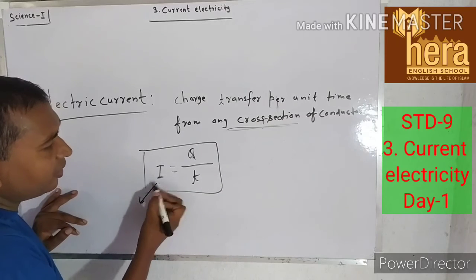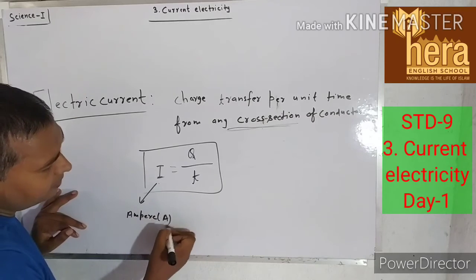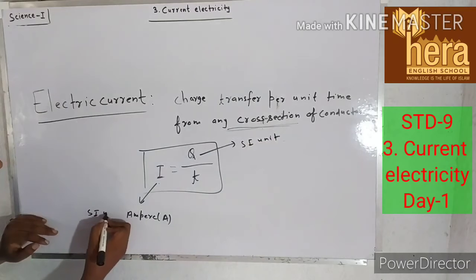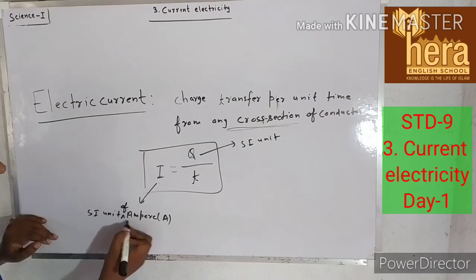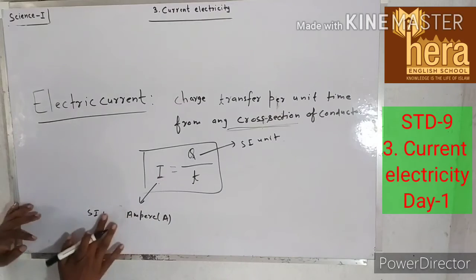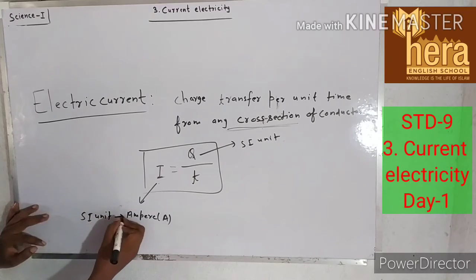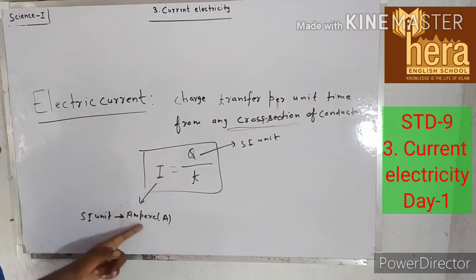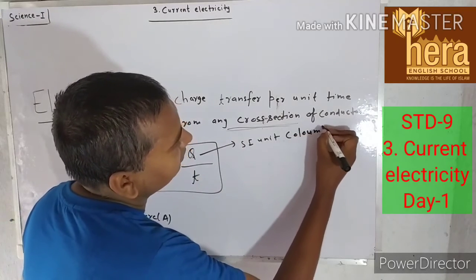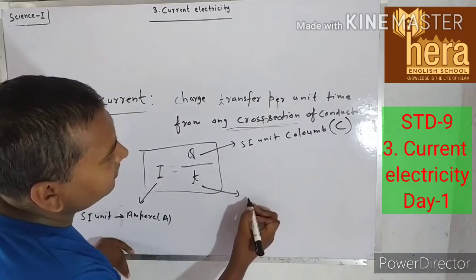The SI unit of current is ampere, A, and the SI unit of charge is coulomb, that is capital C. Time is in seconds.